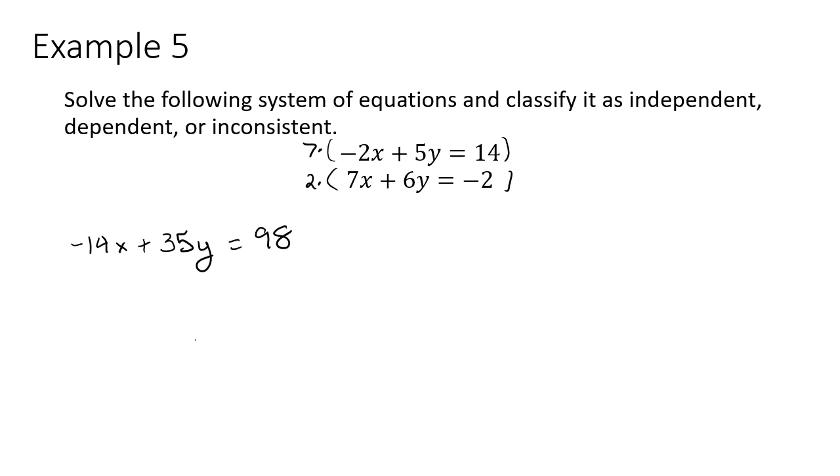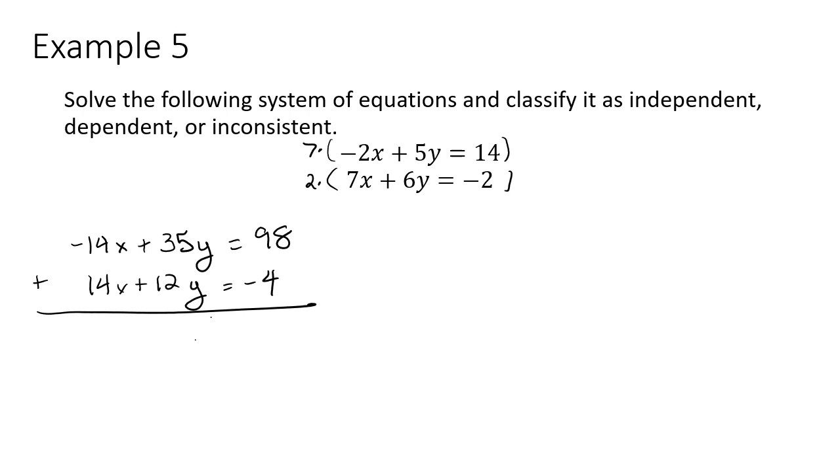The bottom equation, double everything. So we've got a positive 14x plus a 12y is equal to negative 4. Be very careful here. If you miss multiplying one of the numbers, it will mess the entire problem up. You want to be very careful with this first step.